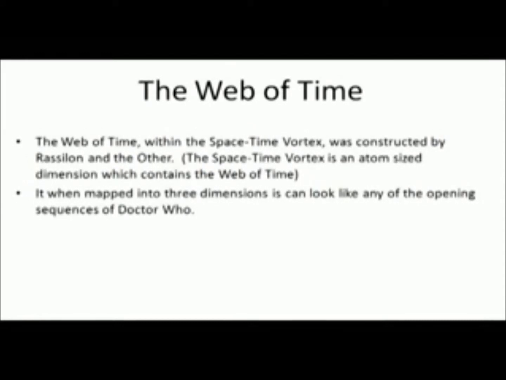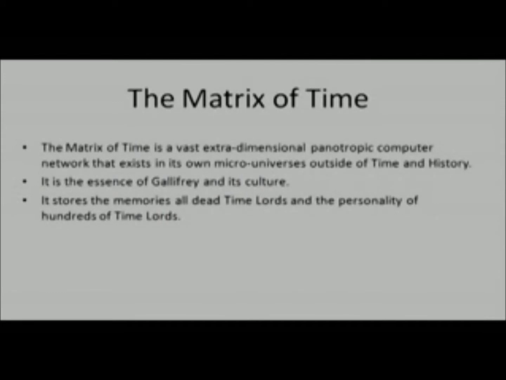And the last thing I'll cover this time is the Matrix of Time. If you've seen the Tom Baker era, you'll know what the Matrix is. It's an extra-dimensional computer network that exists outside of time and is on Gallifrey, that holds hundreds of thousands of Time Lord essences in it, and it really contains the cultural importance and Time Lord consciousness and personalities of almost every Time Lord for a period of time before they start to deteriorate in the machine.